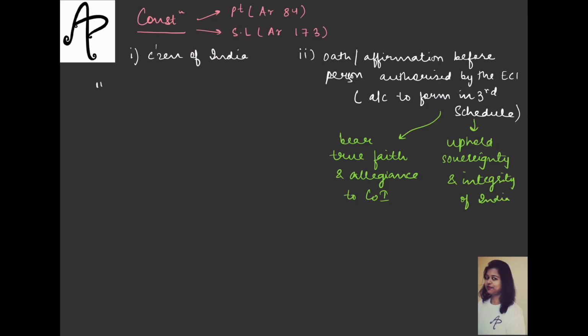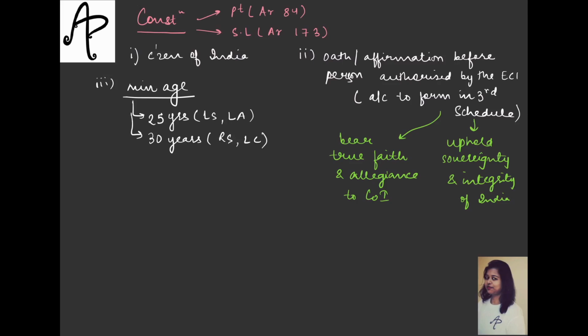The other criterion given in the Constitution is that they should have a minimum age qualification, which is 25 years in case of Lok Sabha and Legislative Assembly, and 30 years in case of Rajya Sabha and Legislative Council.